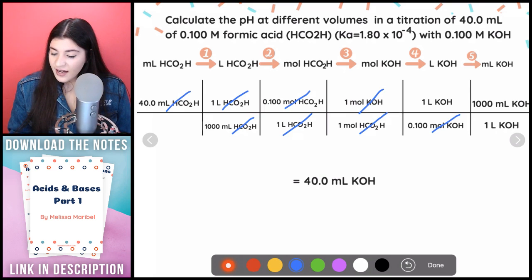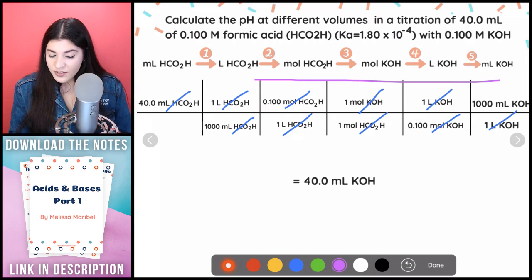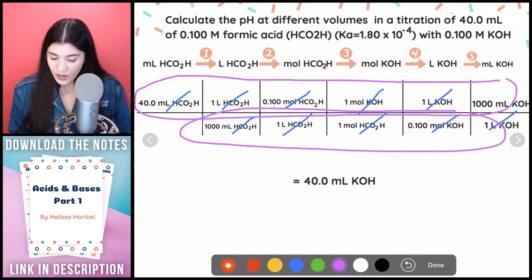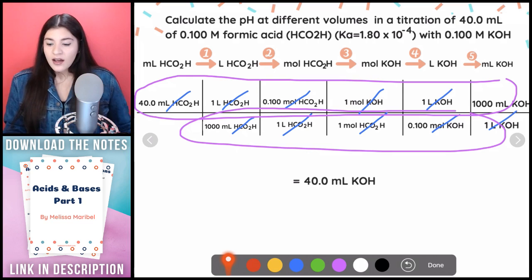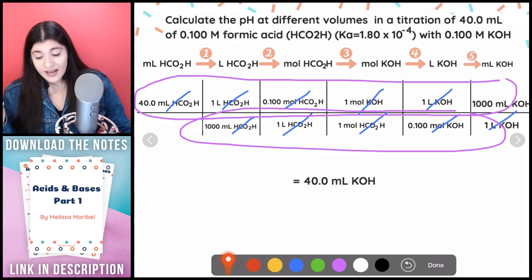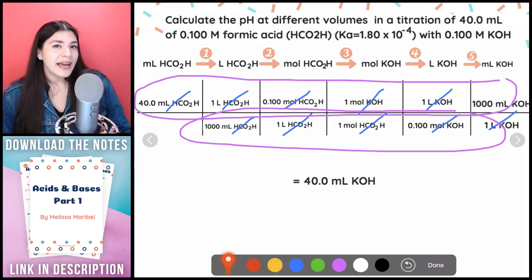And lastly, I'm just converting this to milliliters. When we multiply straight across and divide by the values on the bottom, we get 40 milliliters of KOH. That is our equivalence point.